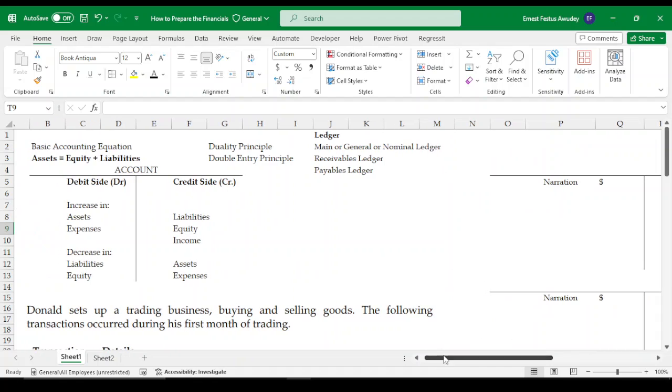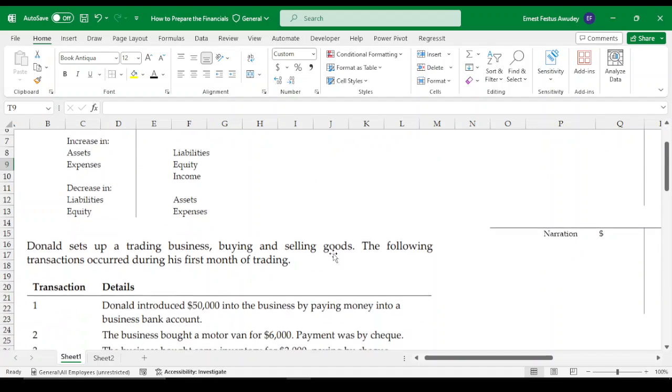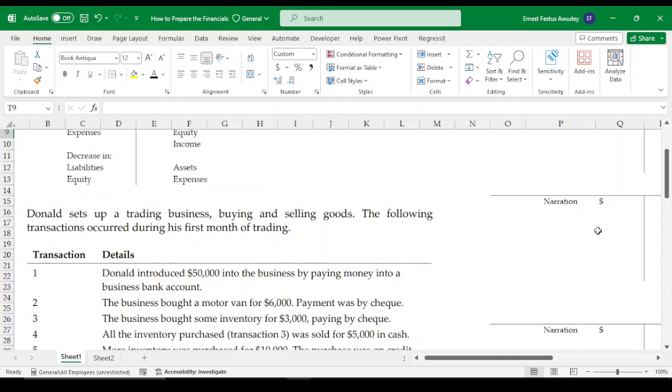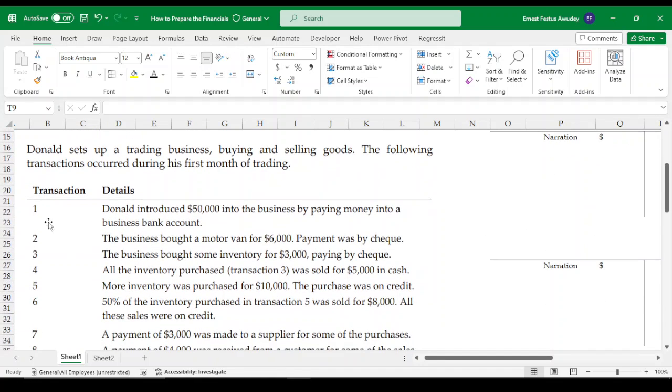Now we are going to pick each of the transactions and apply the principles we have learned previously in recording them. Transaction 1 says Donald introduced 50,000 into the business by paying money into a bank account.